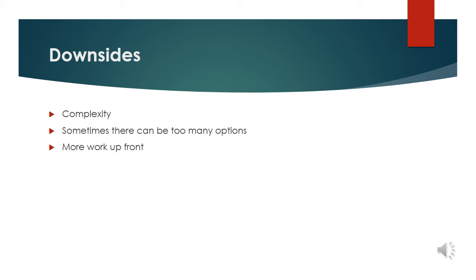More work up front. The strategy design pattern can be more work up front. However, this will depend on the type of program that you're writing. And in the end, you can save time in the long run, but this is something that needs to be taken into account while planning your project to make sure you're making the best decision.